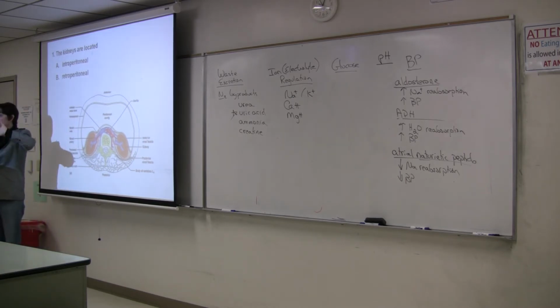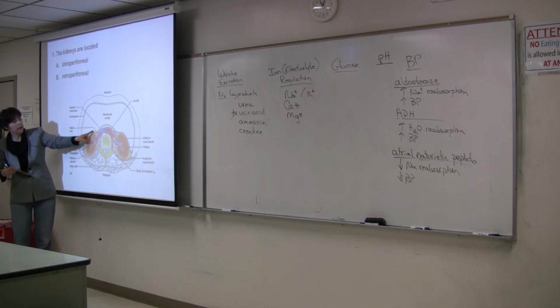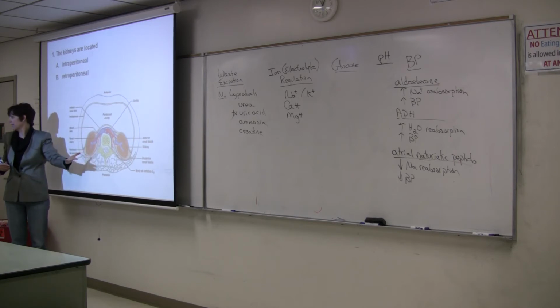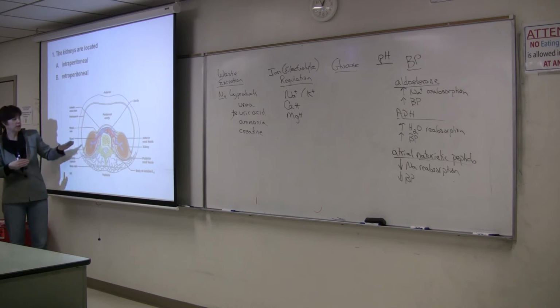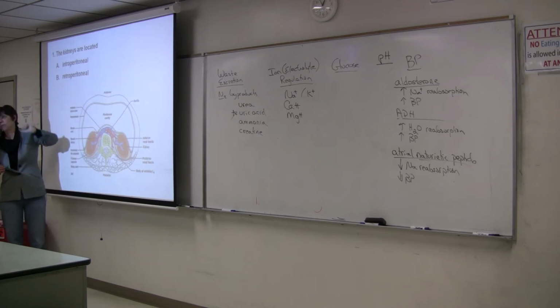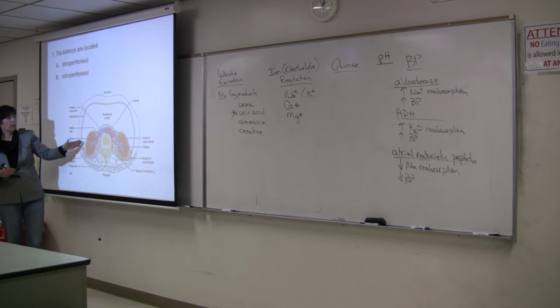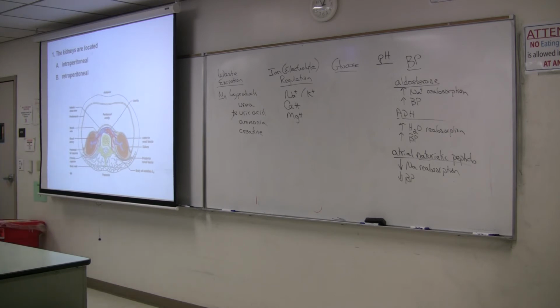They stay attached to the abdominal wall, and therefore they're covered only on their anterior surface by peritoneum. So the pancreas, parts of the large intestine. And when that occurs, they are identified as retroperitoneal. Okay? So they have only a portion of that organ associated with the peritoneum.